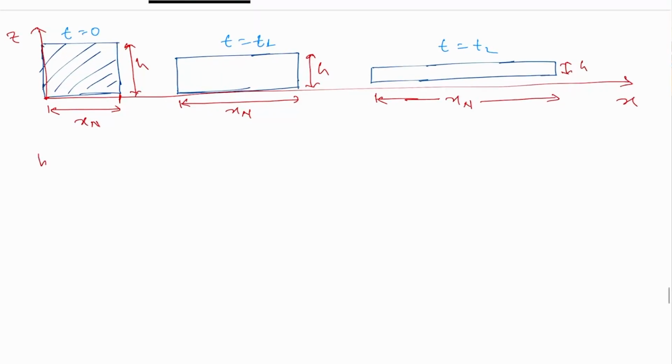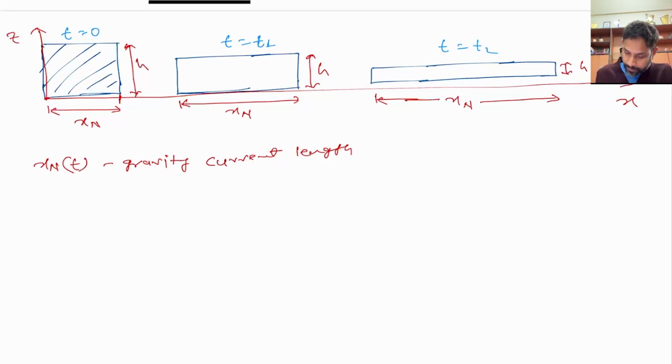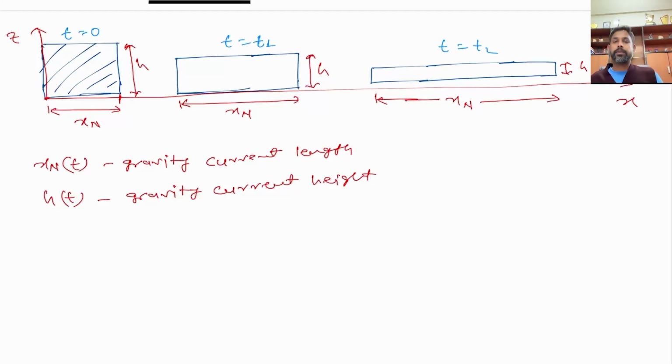So xn here is the gravity current length, and in fact I should write xn as a function of time, and h here, which is also a function of time, is the gravity current height, or you can also call it depth depending on how you define it.